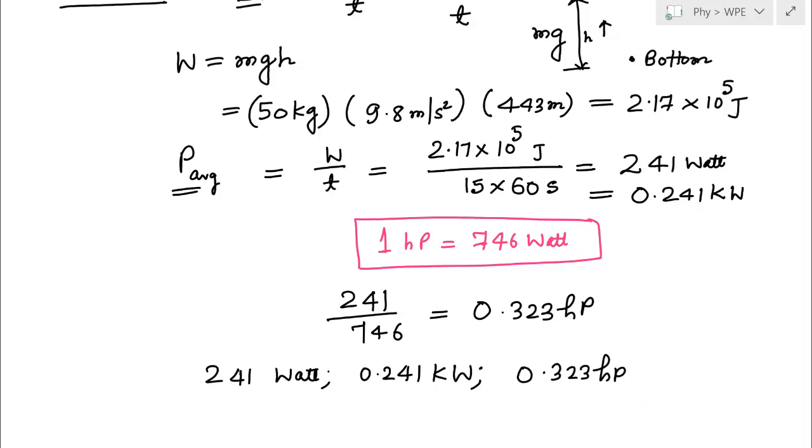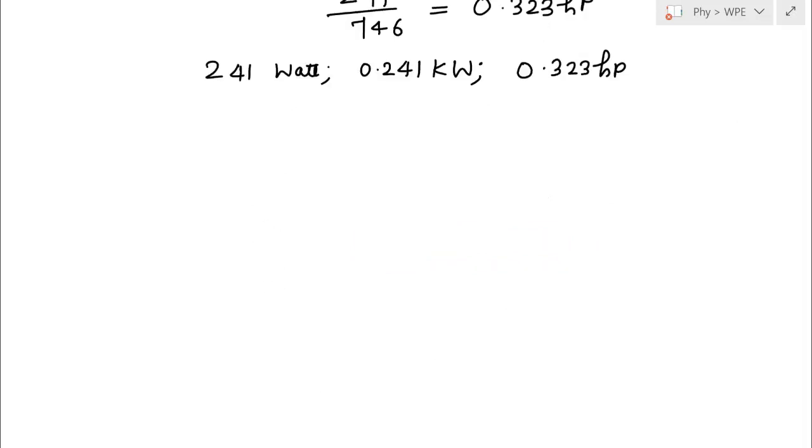Now in the second approach we can use force dot velocity. So let us discuss the second method by which we can solve the same problem. So we have method 2. In this case what we can do is calculate average power, simply force dot velocity.